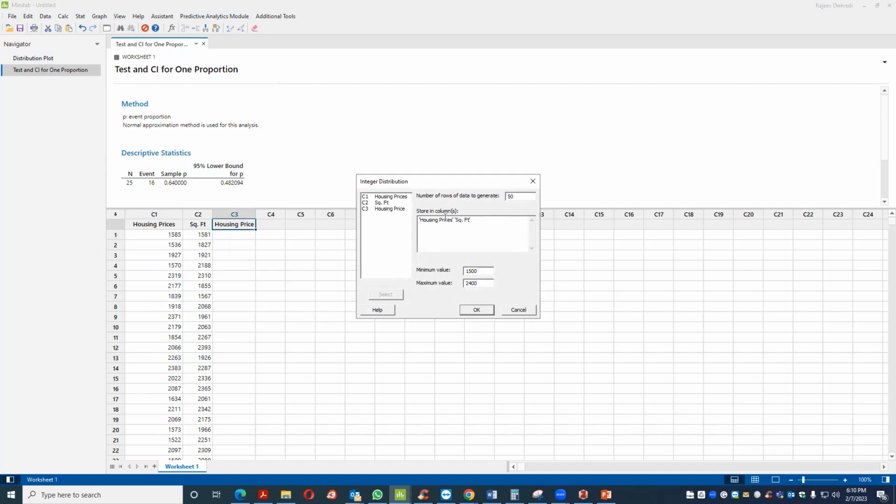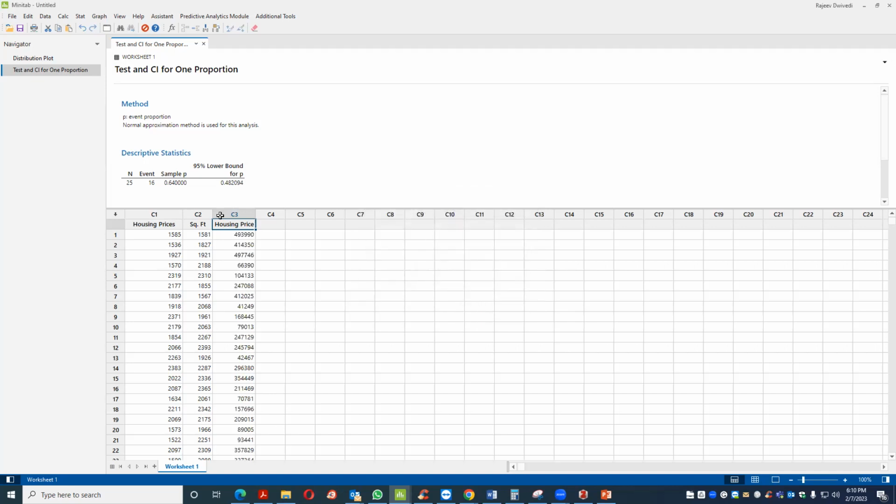Oh, I did both of them, you can see. Therefore it has changed. From 350,000 to 525,000. Okay, one more zero, and that's it. Now I have my data.